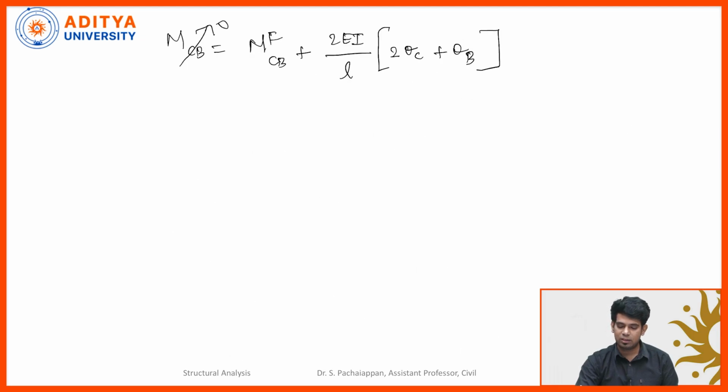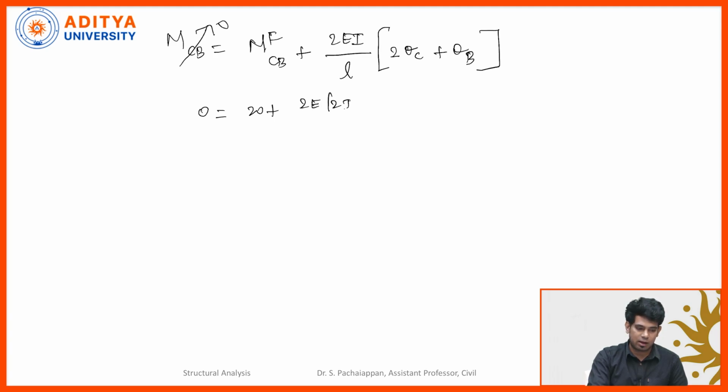Since it is a known value, you substitute it here directly, which reduces a few steps in the problem solving. So 0, MFCB is 20, plus 2 times of E, I is 2 times of I by 4, and then 2 times of theta C plus theta B. Okay. So again here 4 by 4 gets cancelled.